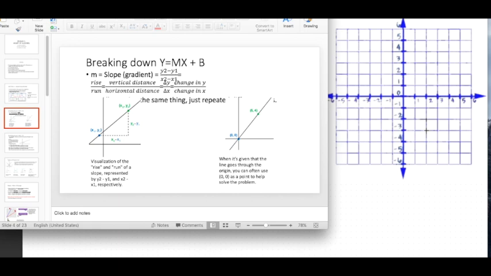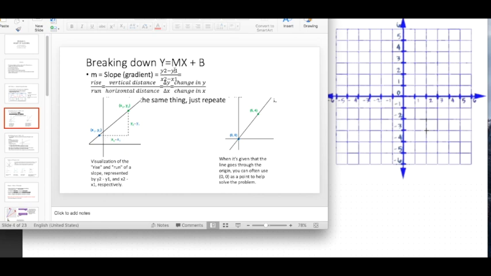What does y2 minus y1 stand for? It stands for the vertical distance, because as you would see right here on these graphs, we know this vertical axis represents your y-axis.